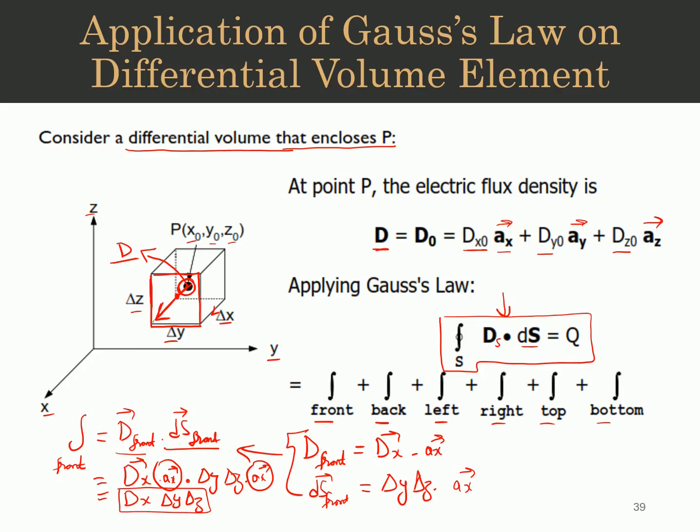Now let us try to solve for the value of D of x front, because we know that the integral has these values, but we still don't know how to find D of x. So let us write the equation again. For the front integral, we simplified it to D of x front along with the front parameters of the sheet, that is delta y and delta z.